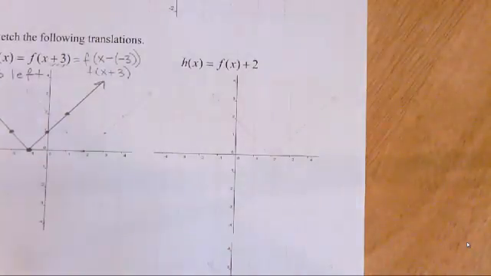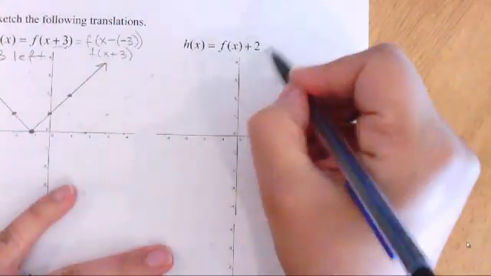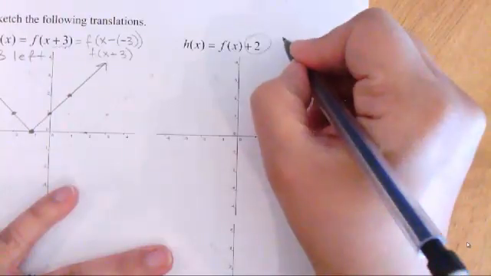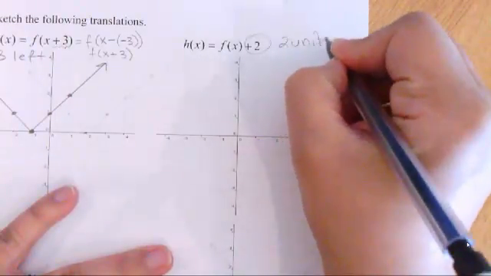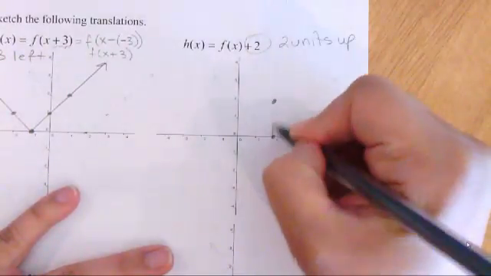If you want to hit pause and try this one yourself, see what happens. I'm not going to spoil it for you, so hit pause anytime. Okay, so either you hit pause, or you did and you actually tried it and you notice that this is going to be a shift of 2 units up. So everything goes up 2 units.